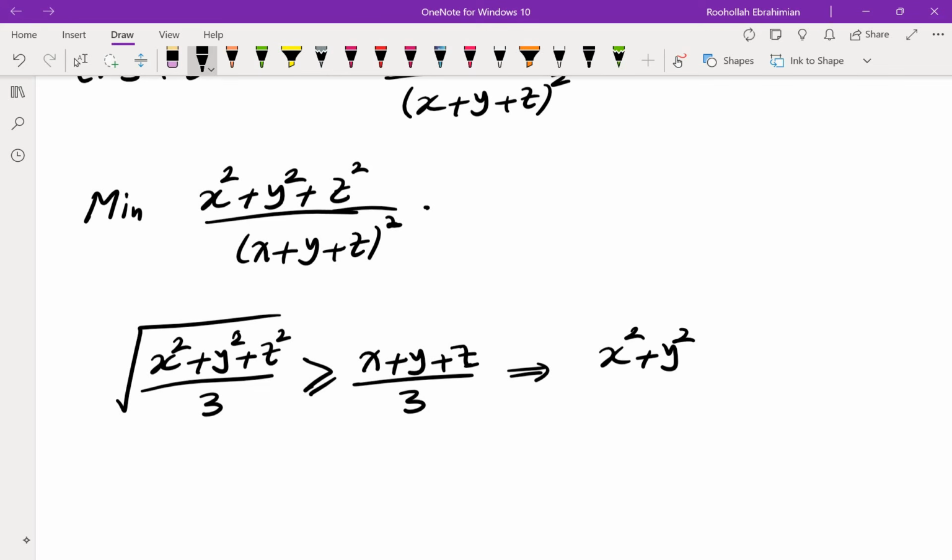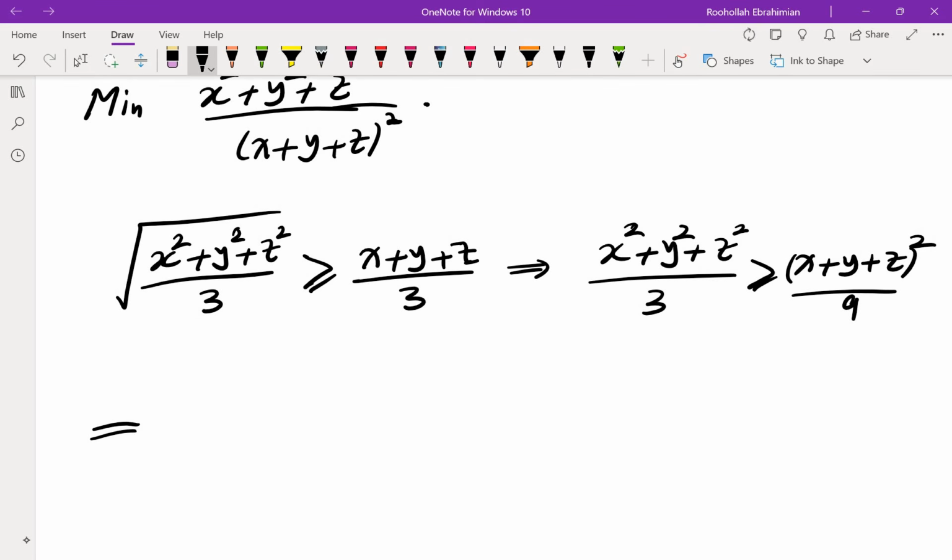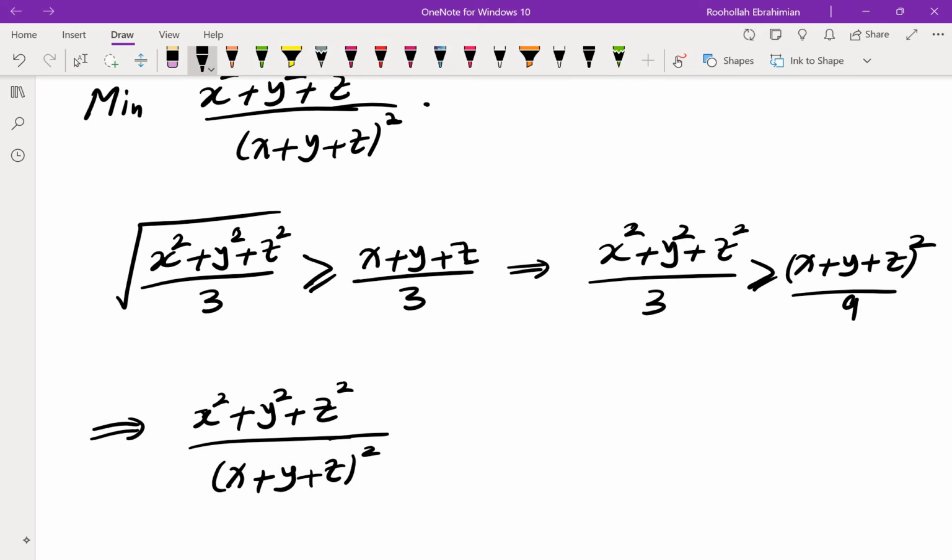We get (x squared plus y squared plus z squared) over 3 is greater than or equal to (x plus y plus z) all squared over 9. And if we divide by (x plus y plus z) squared, we get (x squared plus y squared plus z squared) divided by (x plus y plus z) squared is greater than or equal to 3/9, which is 1/3.